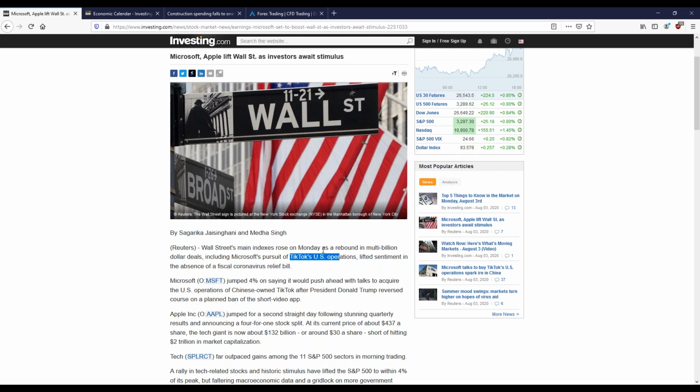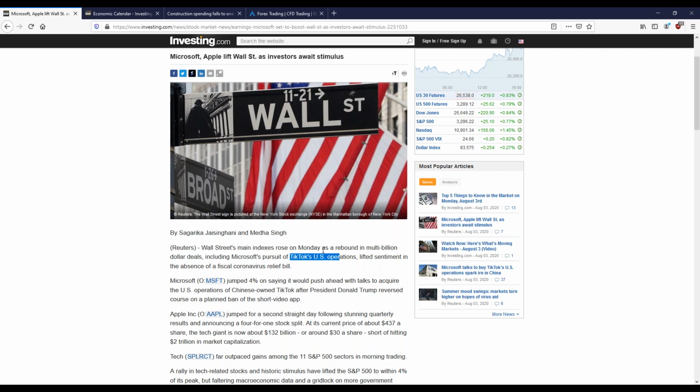And so now the accusations are that TikTok, because it's China-based, China has access to whatever they demand from companies that are based in China. This is the accusation, that the Chinese government then has access to everybody's personal data that's signed up and has an account with TikTok. This is the fear.